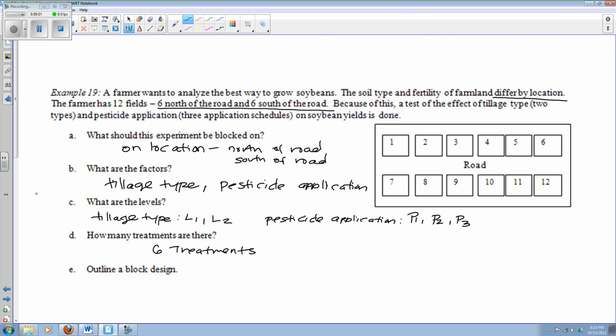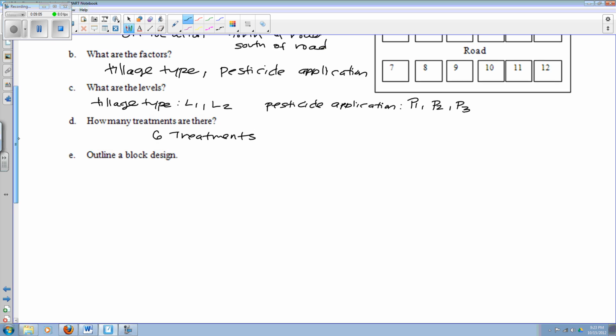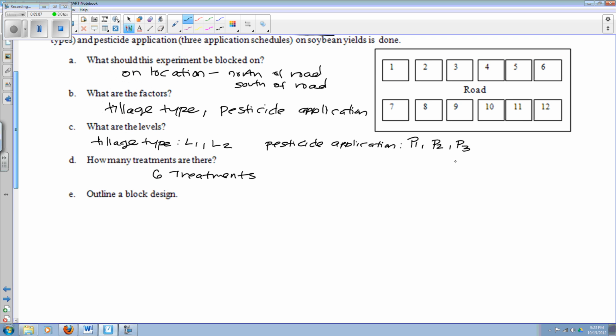Okay, so let's go ahead and just label those over on the side just so we see that there are 6 treatments. So I'll just label them like T1. So treatment 1, we could have the tillage type 1 with pesticide 1. Treatment 2, we could have tillage type 1 with pesticide 2. Level 1 with pesticide 3.